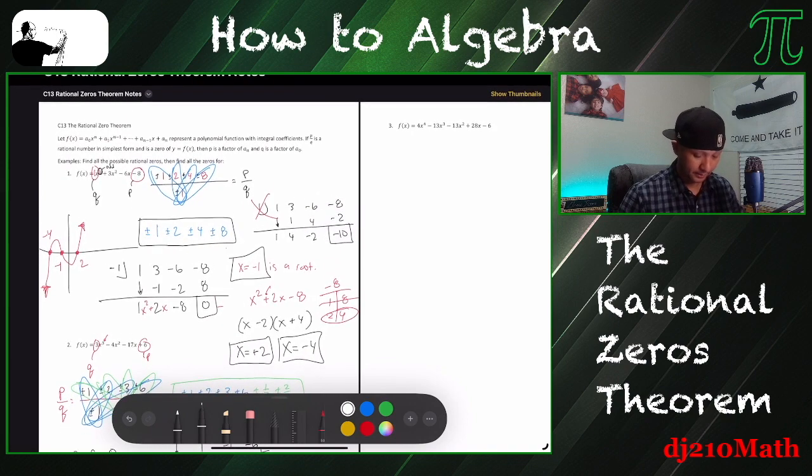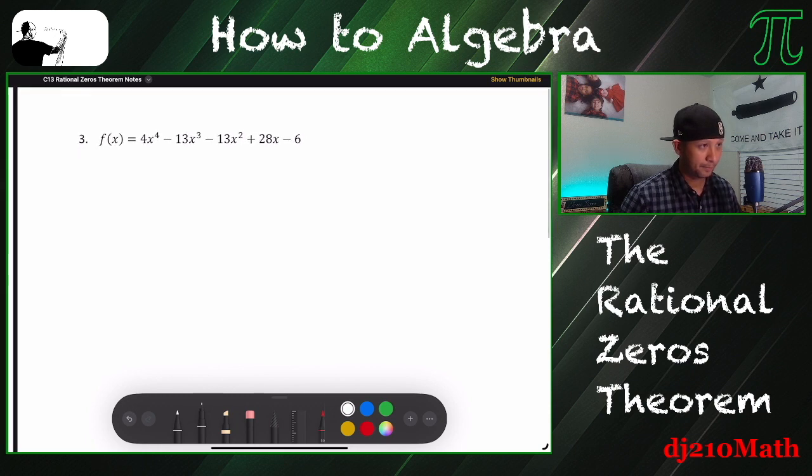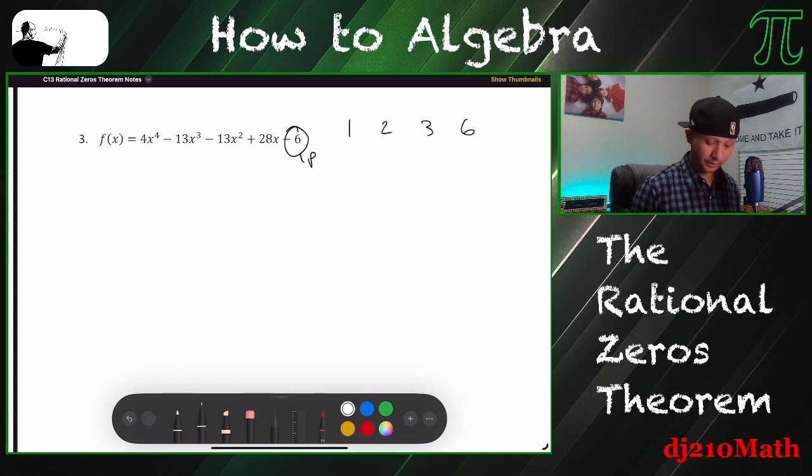Okay, let's get to the last example. I'm already not liking this one. Okay, let's look at the possible zeros. So P is going to be 1, 2, 3, and 6.